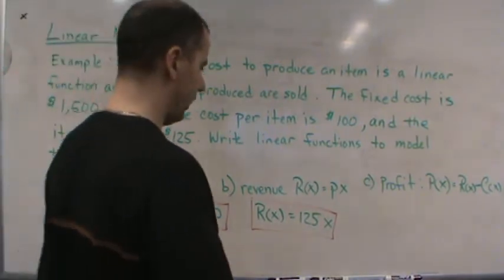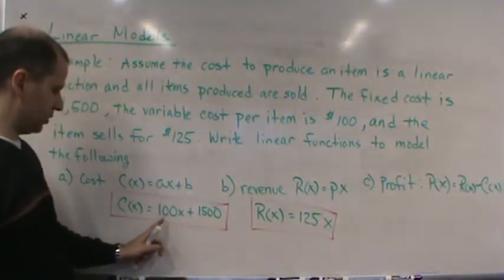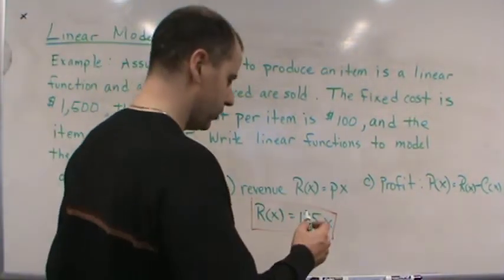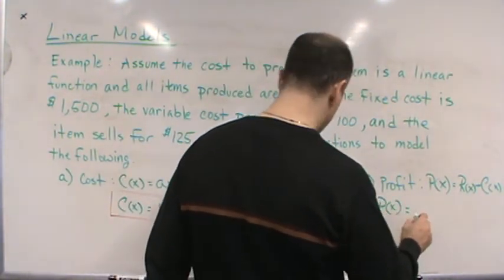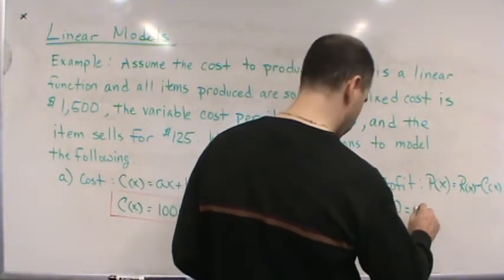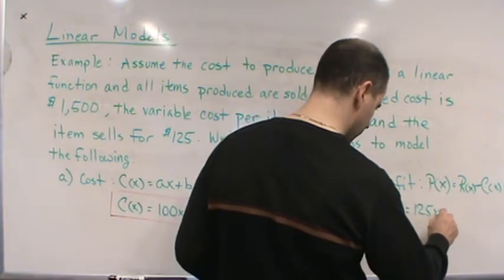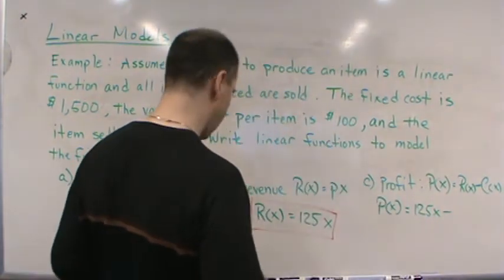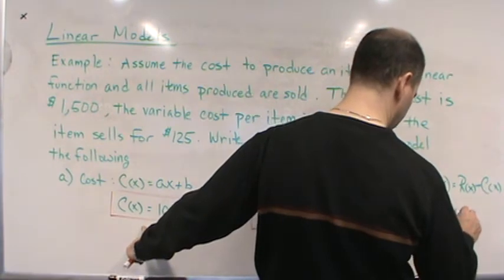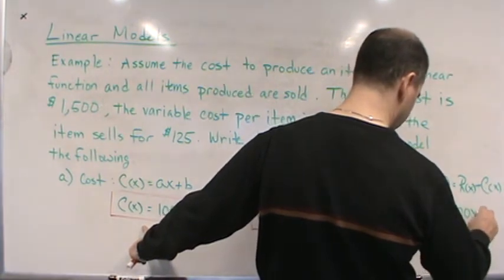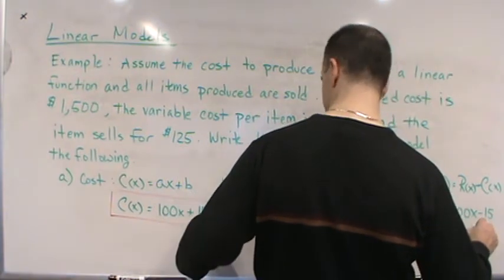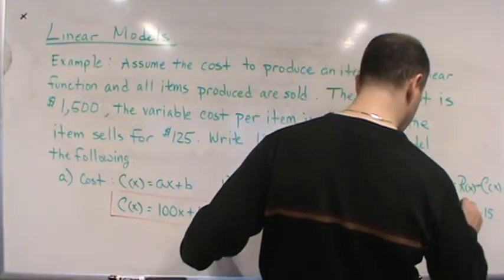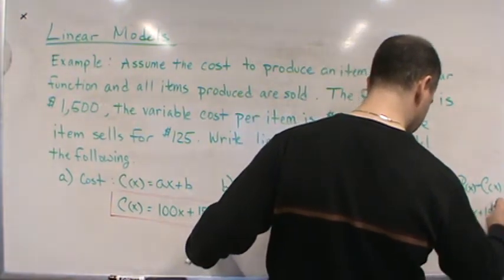Okay? So now what I'm going to do is take these two and stick them in there. So what do we get? We get profit, and we're going to stick in the revenue. So revenue is 125 times x minus the cost function, which we have as 100x plus 1,500.